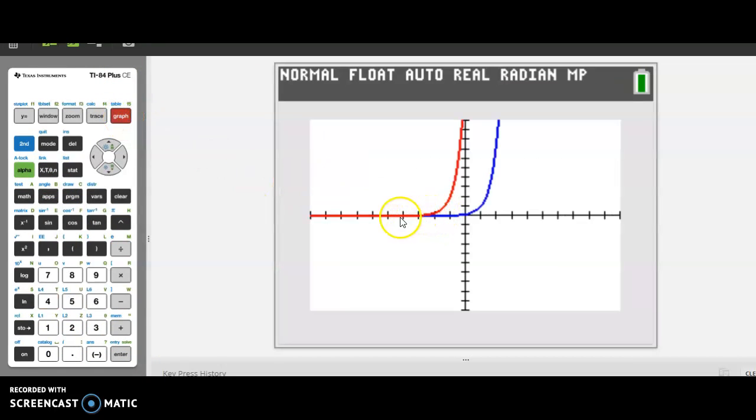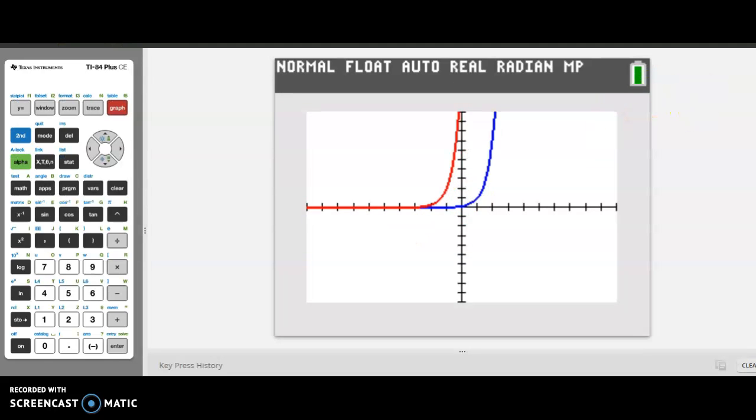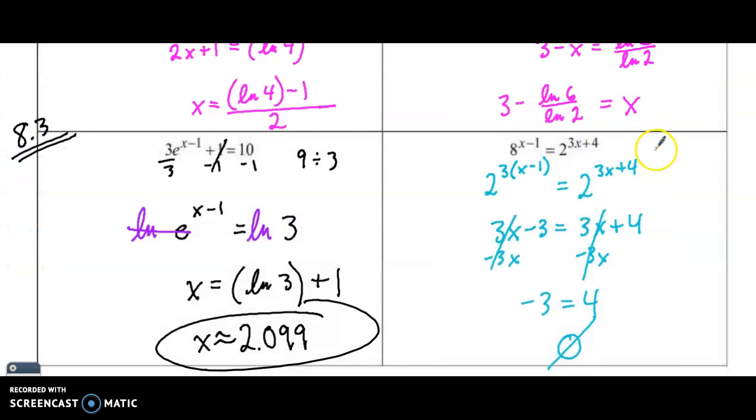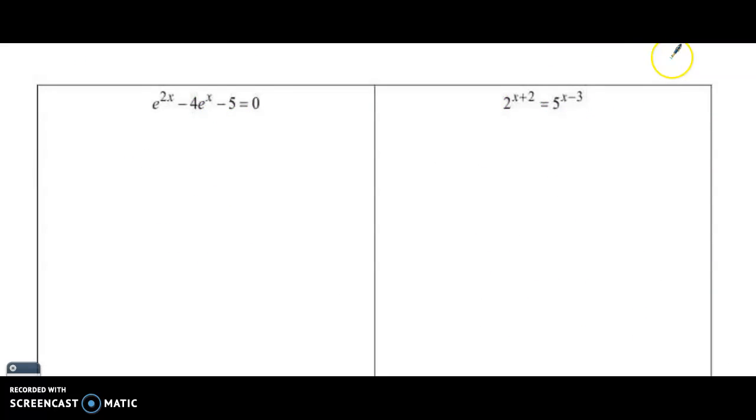I mean, it might seem like they do over here, but they do not. And if I use Desmos, we can zoom in and actually see it pretty easily that they won't cross each other. Yeah, I'm kind of hesitant to show you another way, but this way that I'm showing you here is different than the other ones where I've been telling you to take the log of both sides.